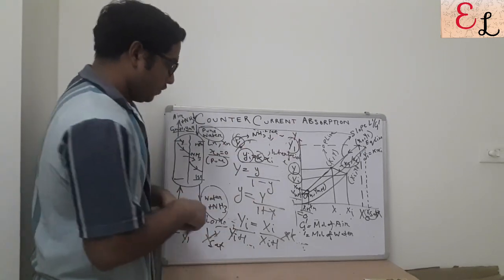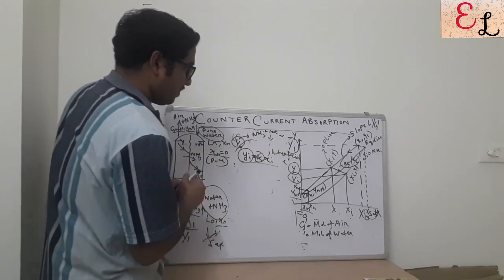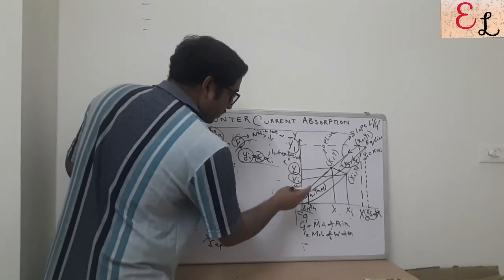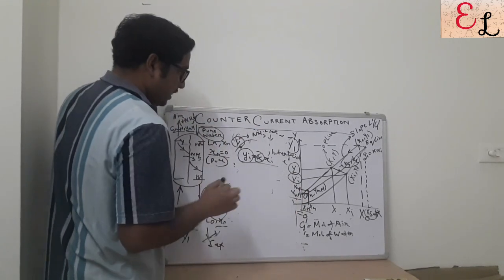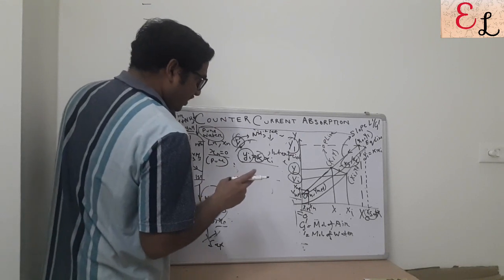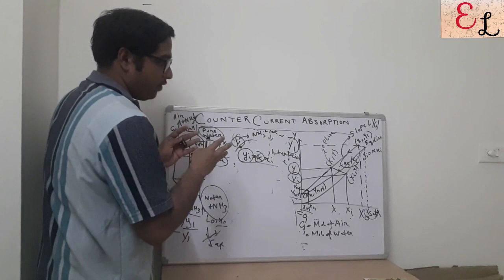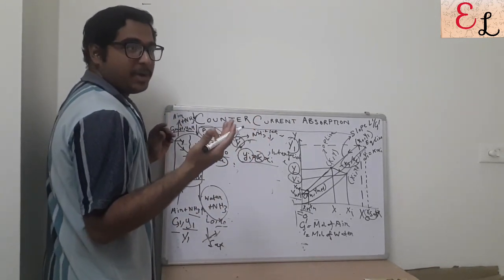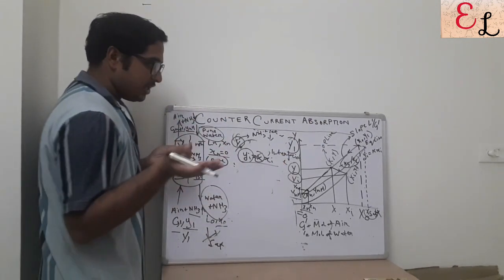So if we know all the equations, supposedly you are given a question like this, you straight away know y1, you know xn is equal to 0, you know yn plus 1, that is the exit. What you don't know is the value for the minimum L dash by G dash. So when we go for the minimum L dash by G dash, supposedly we do not know it.